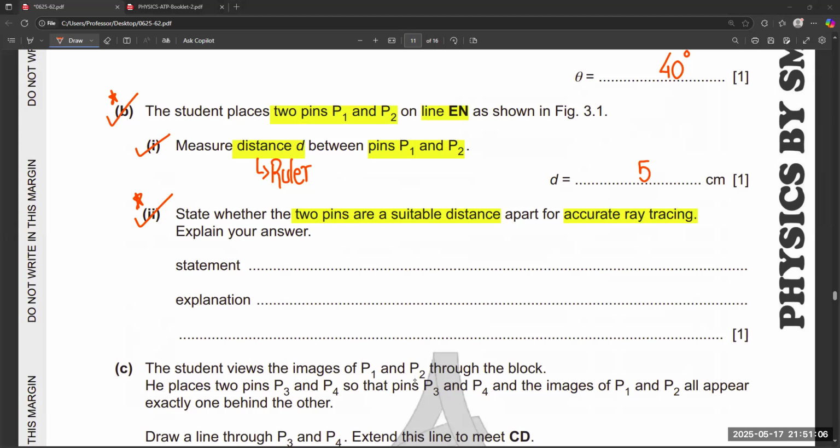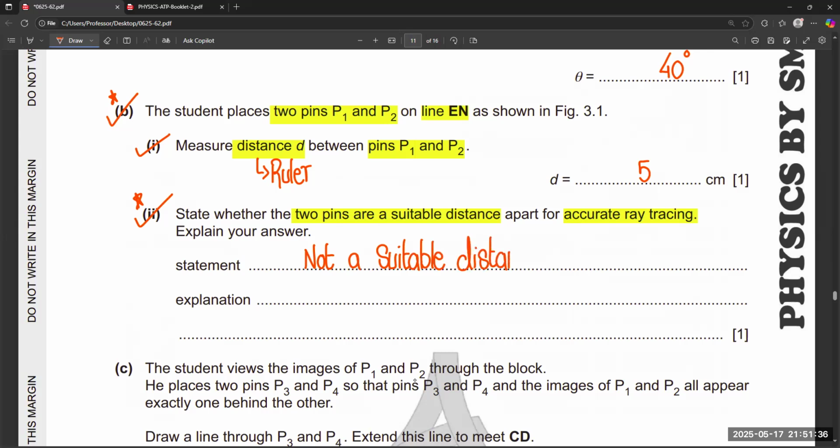So basically, it is mentioned whether two pins are at a suitable distance. They are not at a suitable distance, because we have to place pins as far away from each other, or at as long a distance as possible, right? So this is not a suitable distance.